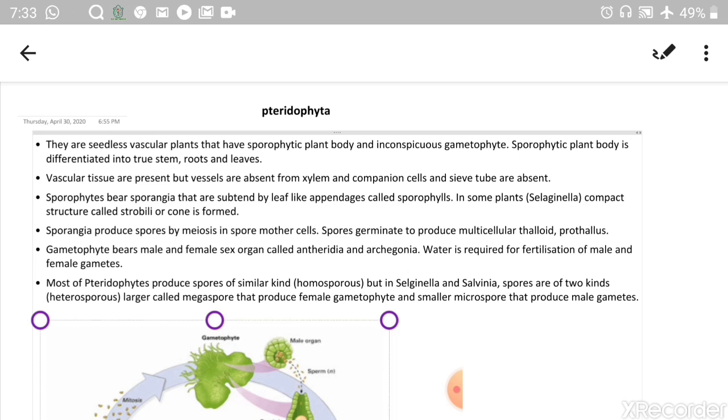These haploid spores germinate and develop into inconspicuous small multicellular free living photosynthetic thalloid gametophytes, and these thalloid gametophytes are called prothallus. For growth, these gametophytes require cool, damp and shady place.